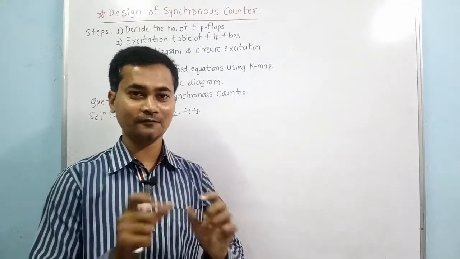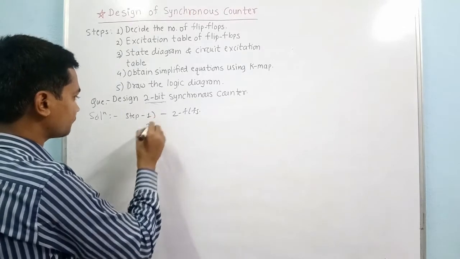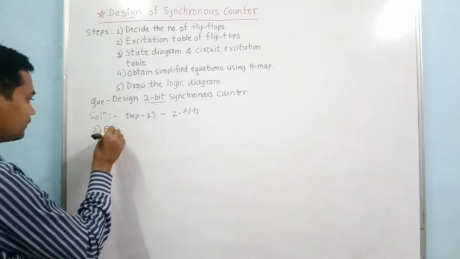It is a bit confusing, so we will draw it here. Step number 2 is the excitation table.